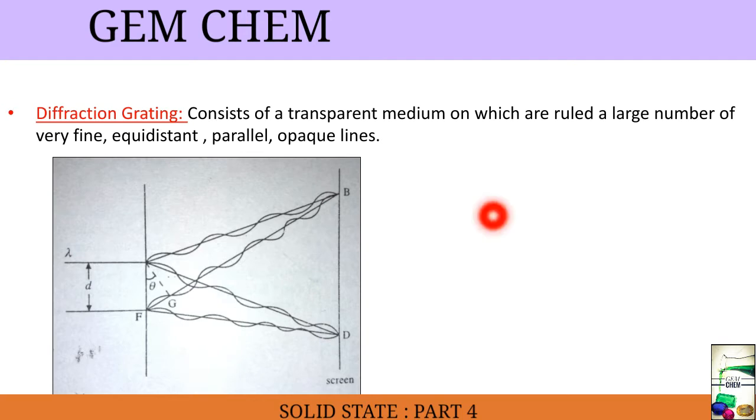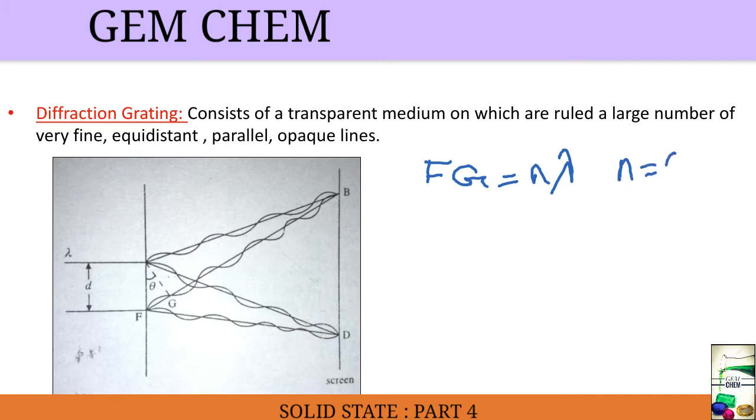What is the extra distance traveled by the wave? See this one: when it is here, it has already traveled this part. So this is the extra distance, which is taken as Fg. So Fg is an integral multiple of the wavelength, that is n lambda, and n here is an integer, that is 0, 1, 2, and it continues.